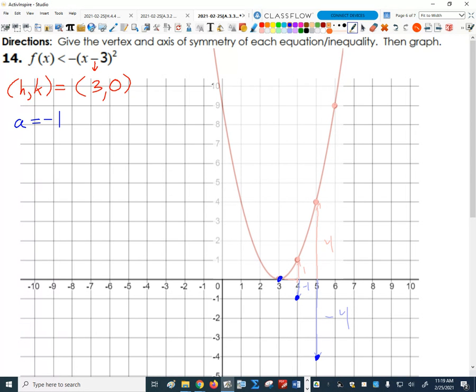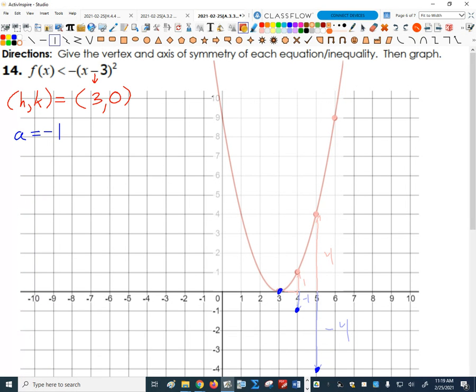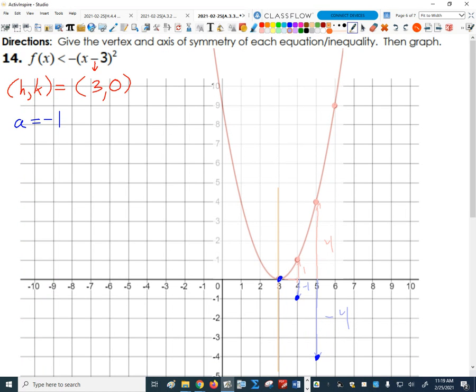And then I could reflect all of those over my axis of symmetry. Right, there's my axis of symmetry. And so I could reflect those guys over the axis of symmetry. So that one, instead of being 1 to the right, it's got to be 1 to the left of that axis. Instead of being 2 to the right, this one has to be 2 to the left.